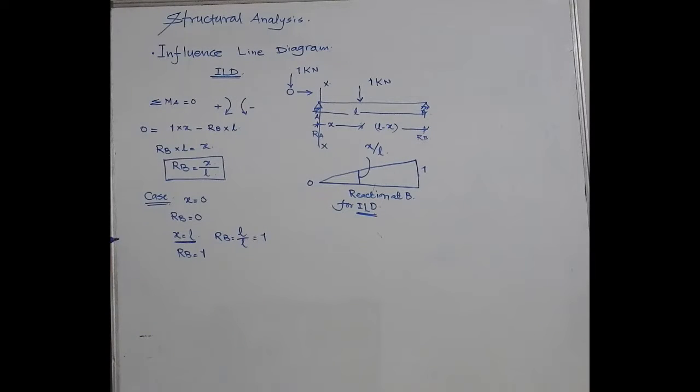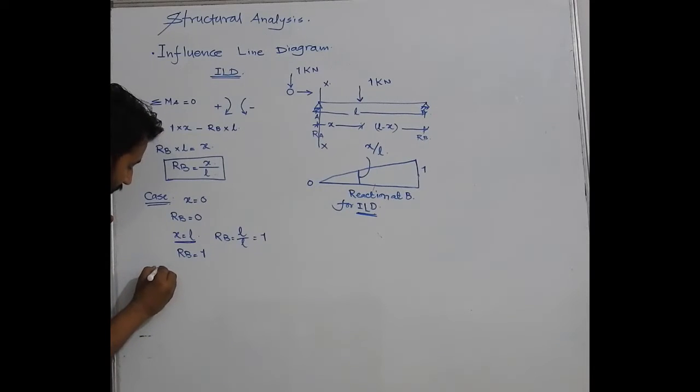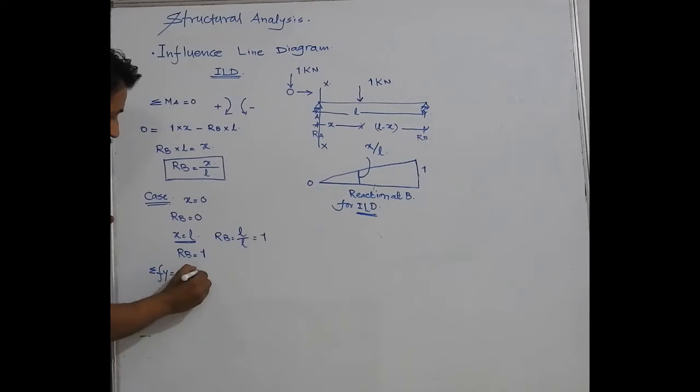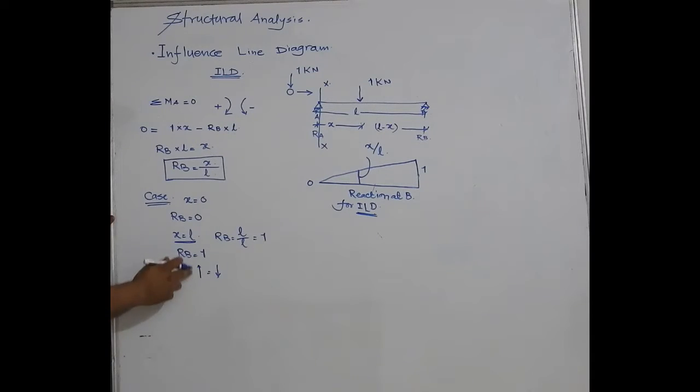Now we will calculate RA. We know the value of RB, so we will apply another equation of equilibrium, summation Fy equals 0. All the upward forces must be equal to all the downward forces.